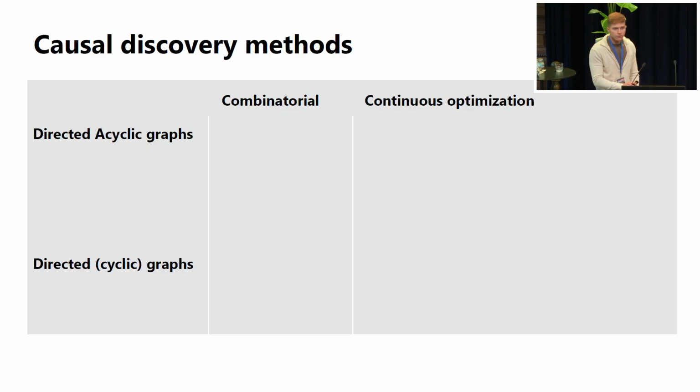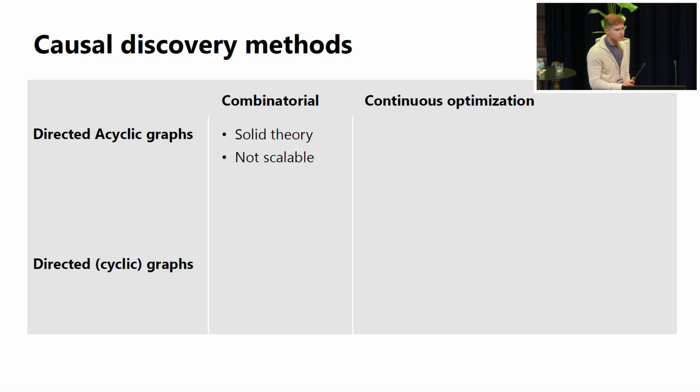Now we will see an overview of causal discovery methods by dividing them into two categories. The first one is combinatorial, which includes constraint-based methods or score-based combinatorial searches. The second is continuous optimization methods.